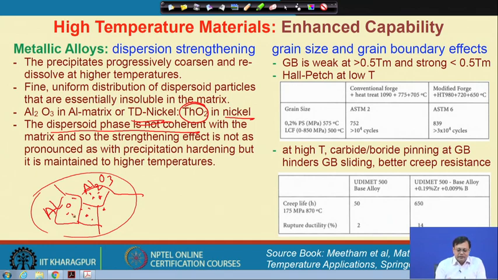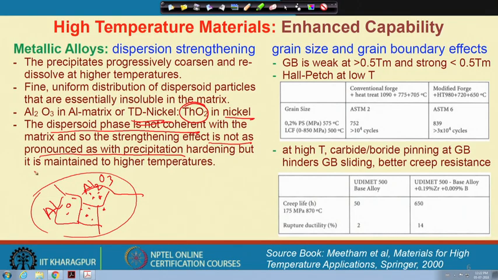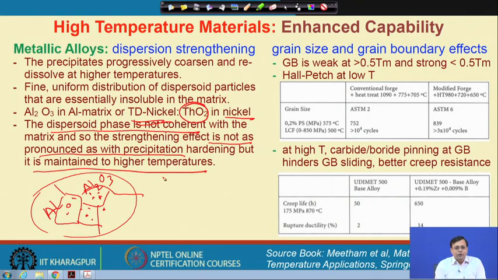And it is not as pronounced as precipitation hardening. In the case of precipitation hardening, we can increase the strength to a very high extent, but here it is maintained. The interesting point is that we can allow this composite to be used at higher temperature, because the dispersions are very much stable.